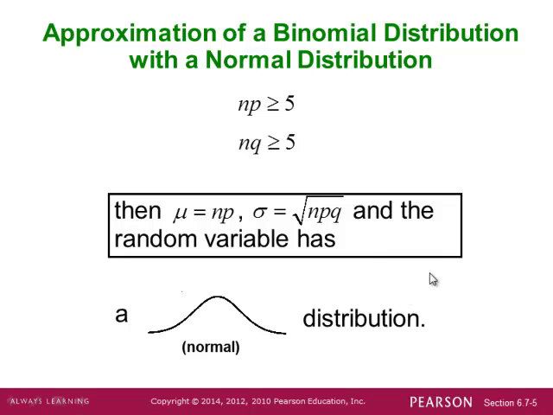Approximation of the binomial distribution with a normal distribution: we're going to require that np and nq are both at least 5. We're going to let mu be equal to np, and sigma is equal to the square root of npq. And the random variable has a normal distribution.